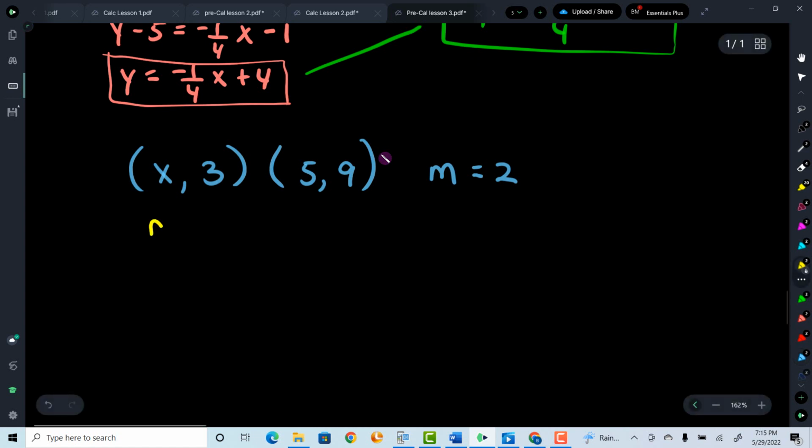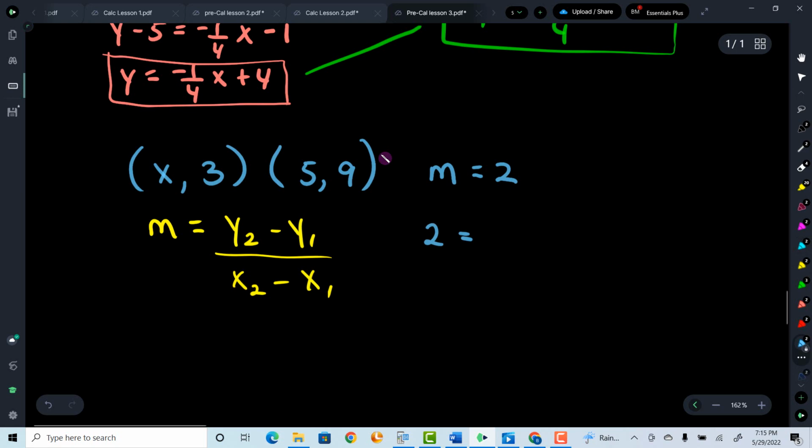Well, slope equals, goodness gracious, y2 minus y1 over x2 minus x1. Okay, well, slope is 2, so 2 equals 9 minus 3, there's my y2 minus my y1, over x2, which is 5 minus x. So let's solve this equation.